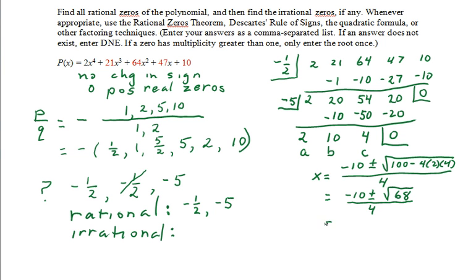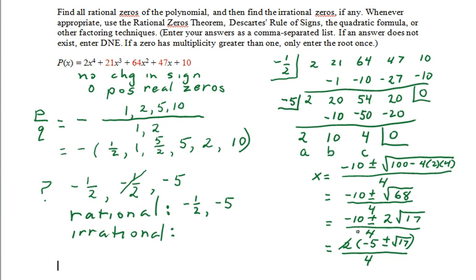Four is a factor of 68. So we've got -10 plus or minus the square root of 4, which is 2, and 68 was 4 times 17. So the square root of 4 times the square root of 17 was the square root of 68, but the square root of 4 is 2. This is all over 4. We can factor a 2 out of the numerator to get -5 plus or minus the square root of 17, all over 4.